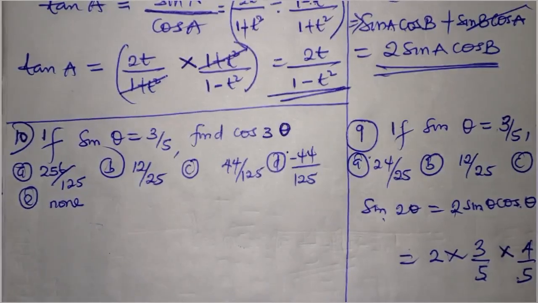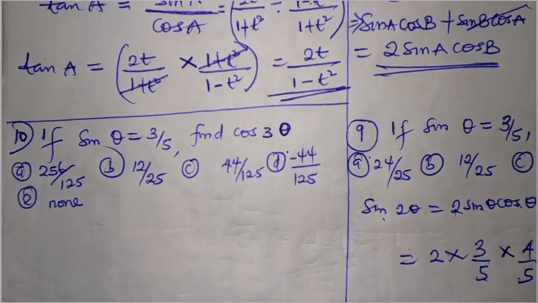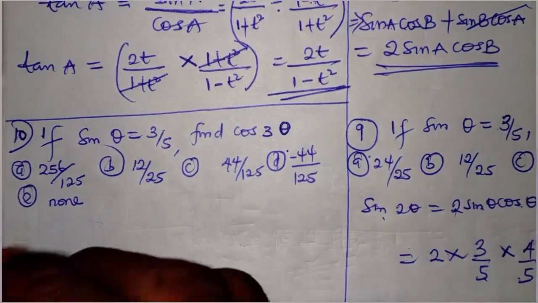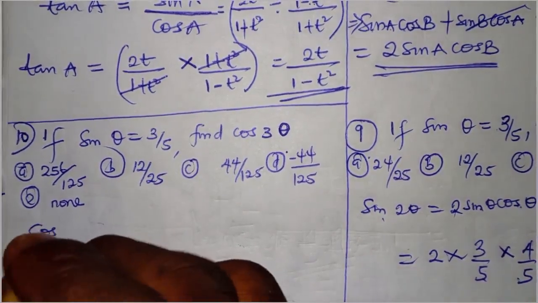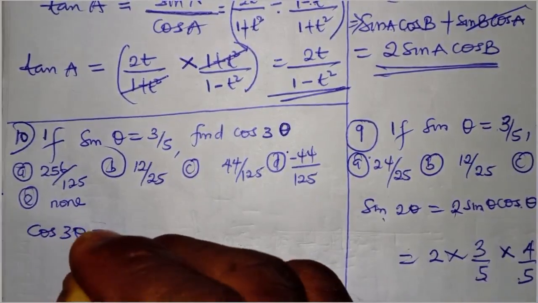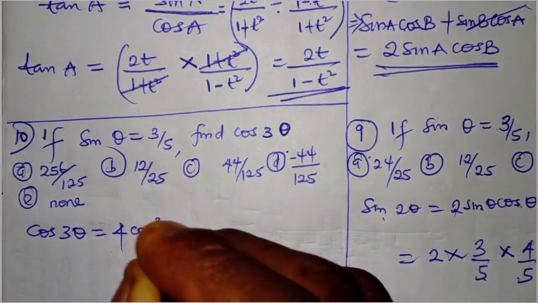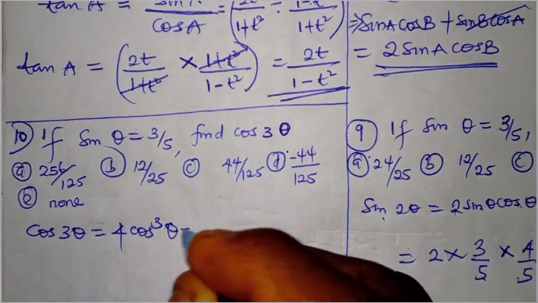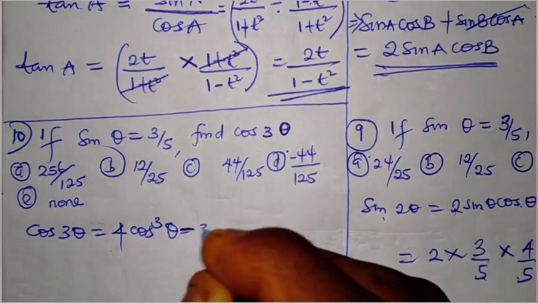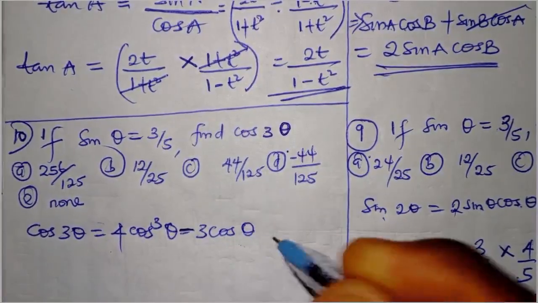For question 10, it says if sine theta is equal to 3 over 5, we have to find cos 3 theta. Remember we said earlier that cos 3 theta is 4 cos cube theta minus 3 cos theta.